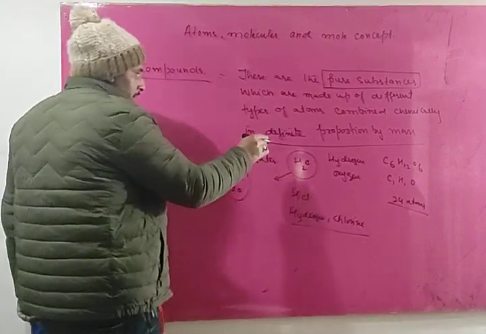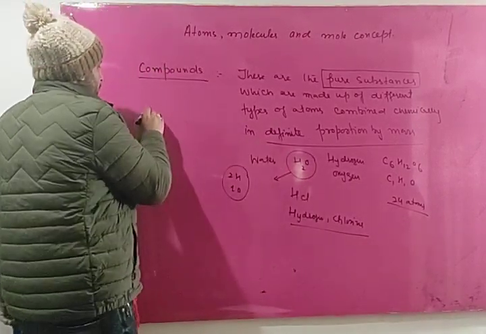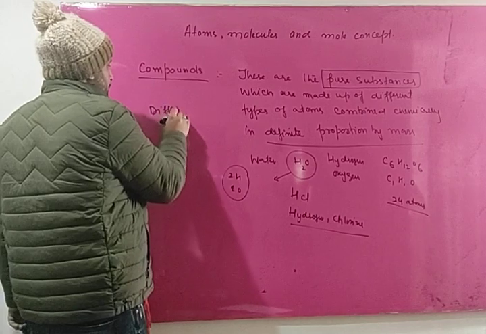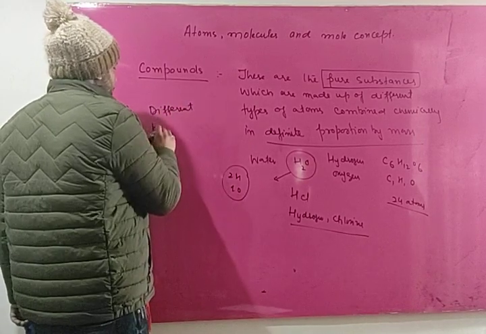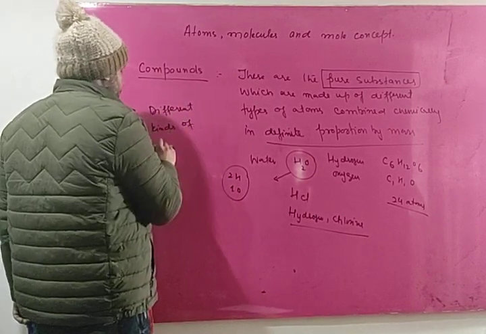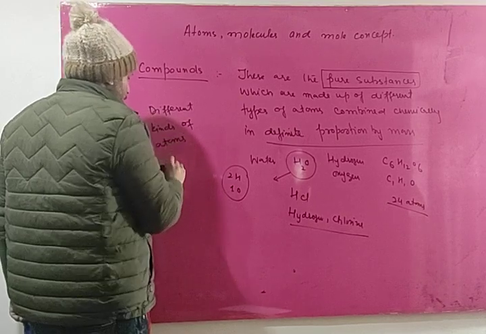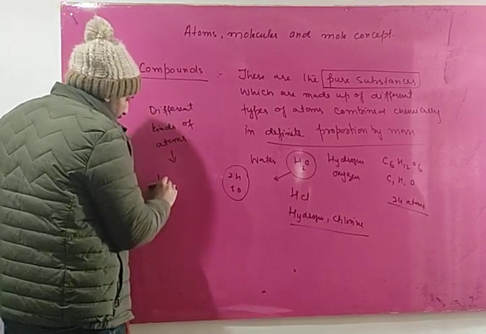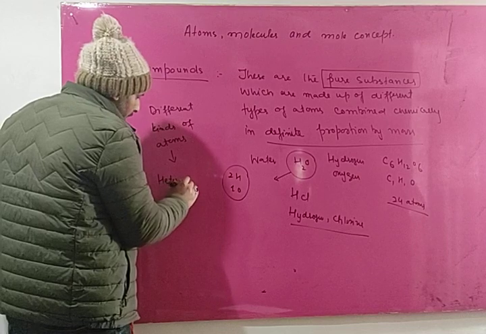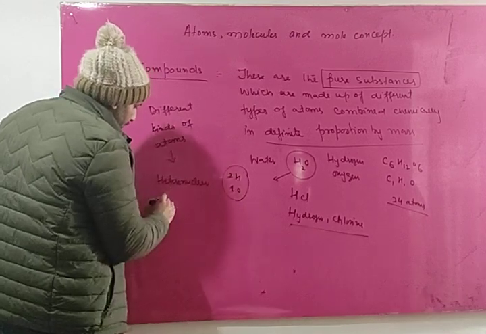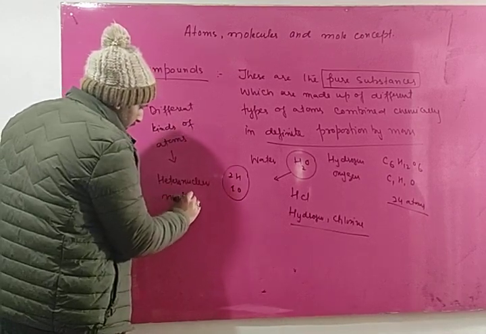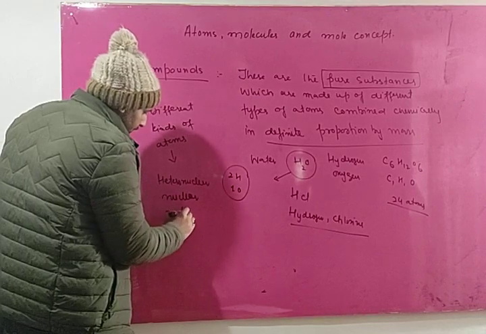Now, since the molecules of the compounds are made up of different kinds of atoms, these are called heteronuclear molecules.